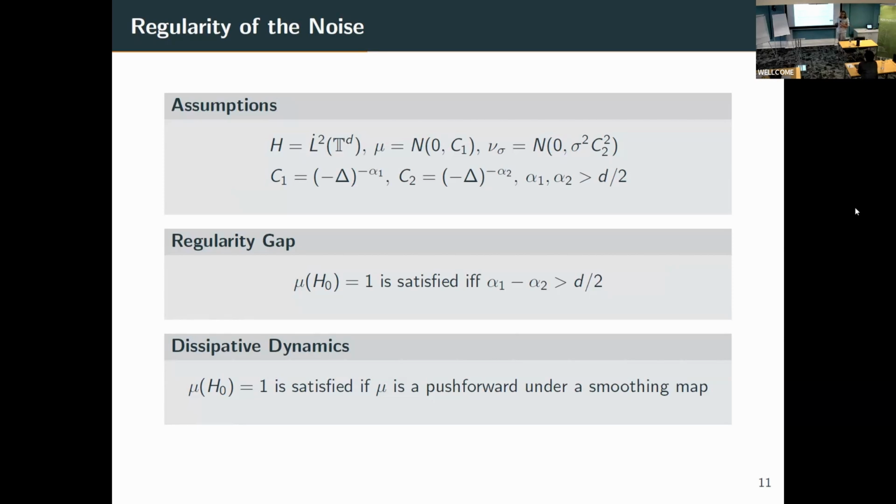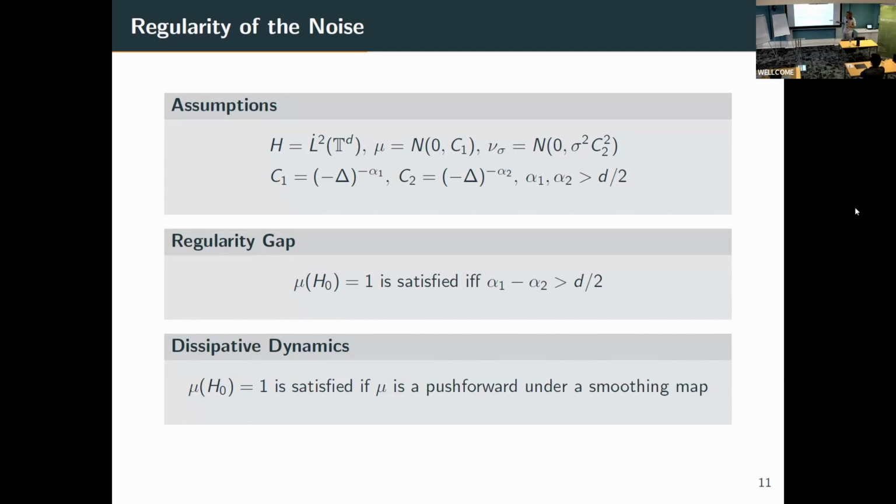I also give those precise definitions, and in fact they'll be minus the Laplacian to some power, alpha 1 and alpha 2. And I'll assume, for good measure so that things are continuous, that alpha 1 and alpha 2 are greater than d over 2. Then we can ask in this setting, when does mu charge the Cameron-Martin space of mu sigma?